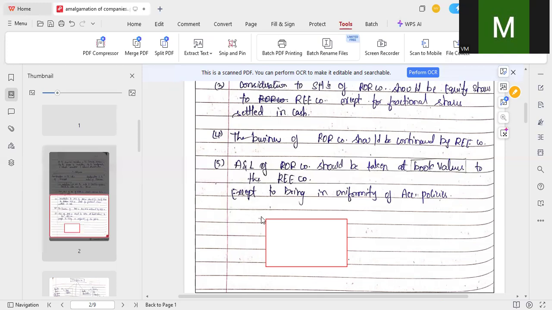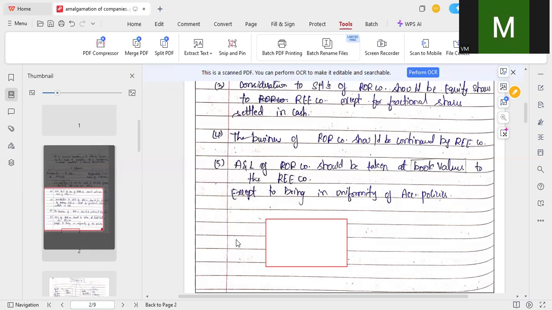This says that if Instagram is following the weighted average method or FIFO method, and Facebook is maintaining only the LIFO method, then in that case, it can just change the format of accounting. It cannot wholly change everything. In that case, there is an exception. Not in all the cases, right?